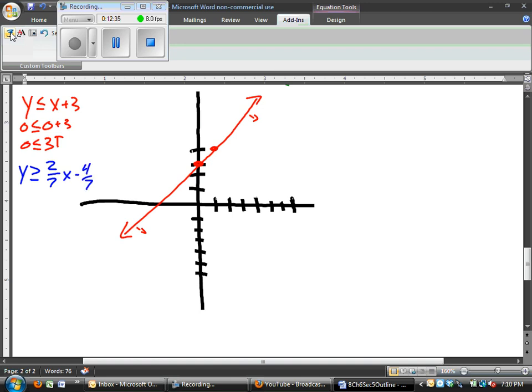Okay. 4/7 is about 1/2, so it's going to be right here in the middle. And now I'm going to go up 2, 1, 2, and then I'm going to go over 7. 1, 2, 3, 4, 5, 6, 7. It's going to be there. We'll notice again it's a solid line.